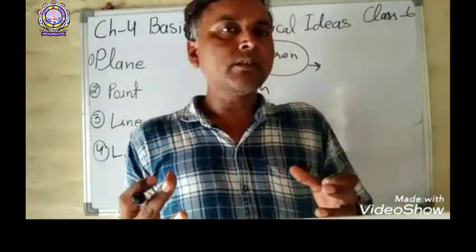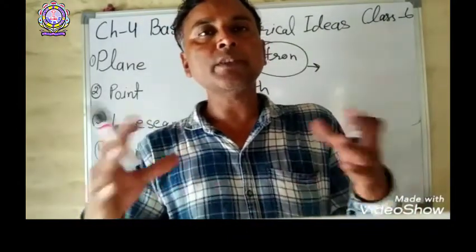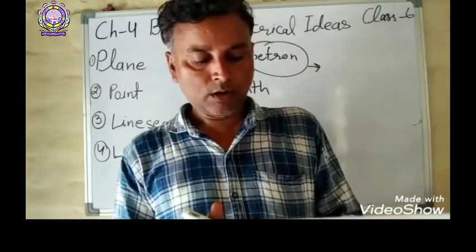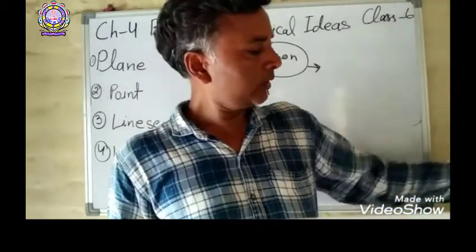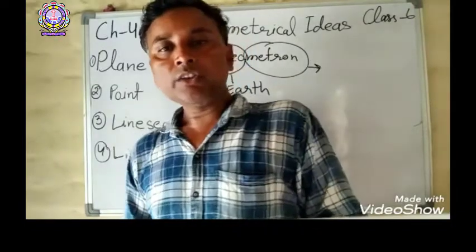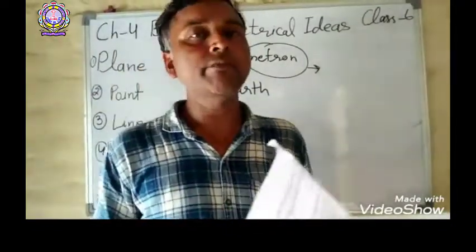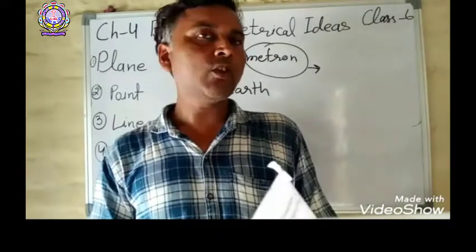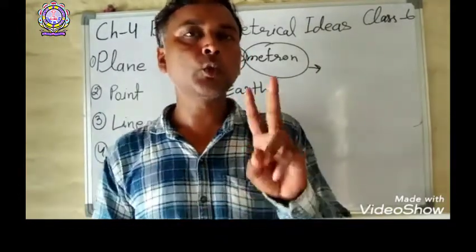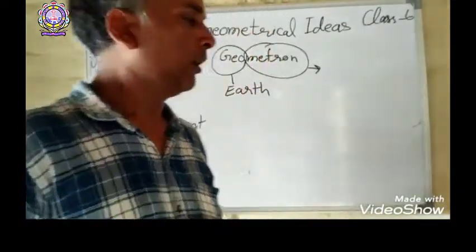To measure the earth means we measure something. So in short, according to your class, geometry is the study of size and shape. So in this topic, we talk about 2D shapes, two-dimensional shapes.